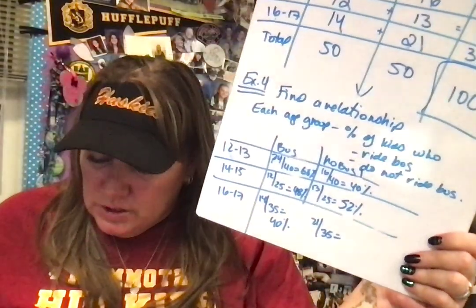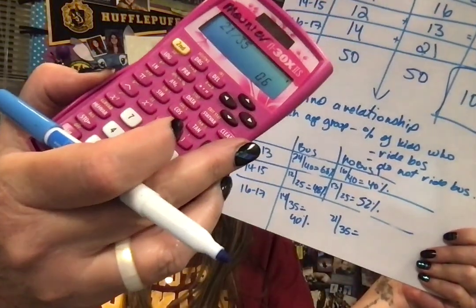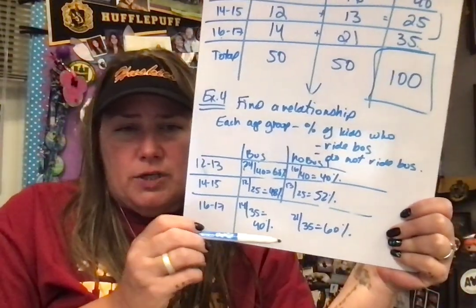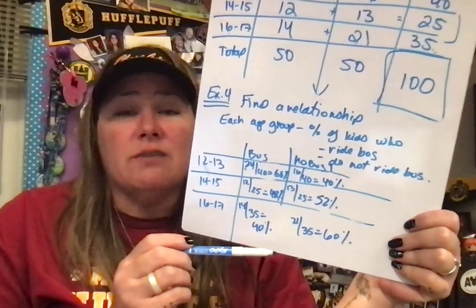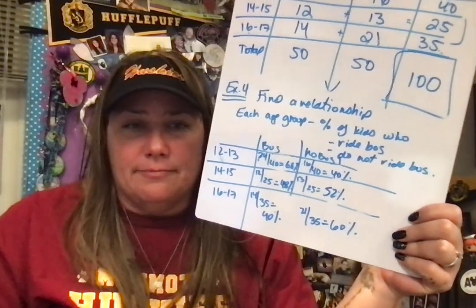You can do the division. 21 divided by 35. 0.6, which is 60%. Or if you remember my cute little trick, 40%. Remember, you have 100% of kids in this age bracket, so 40 from 100 is 60.